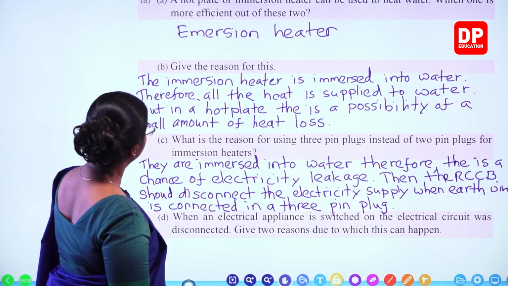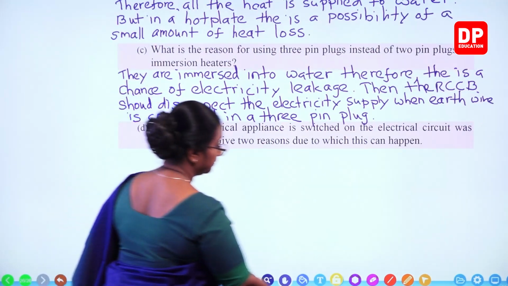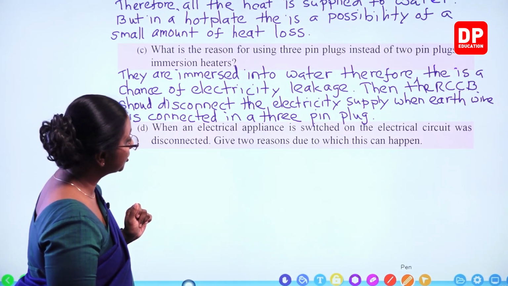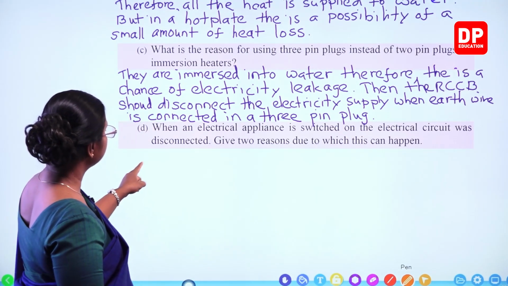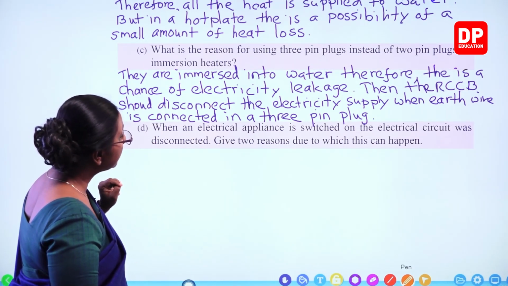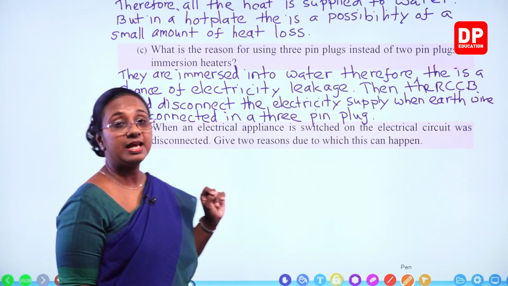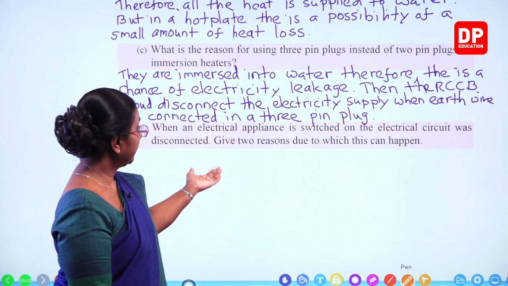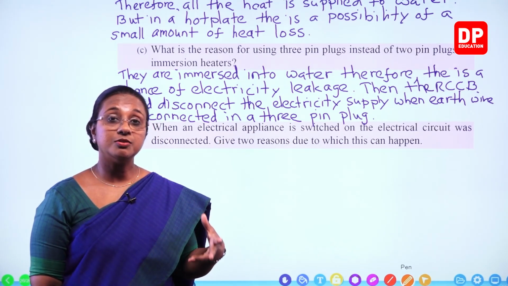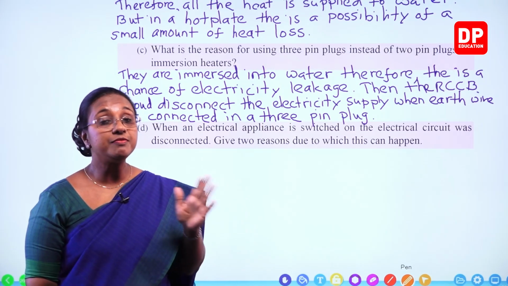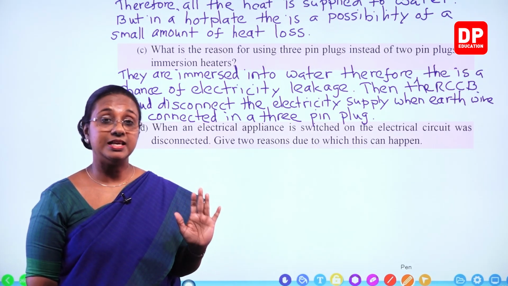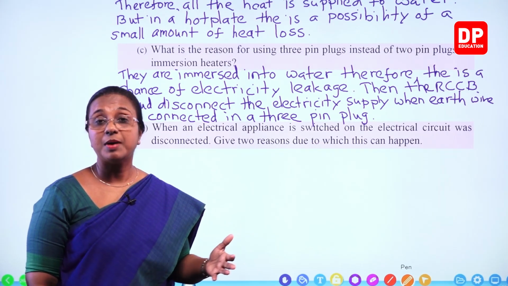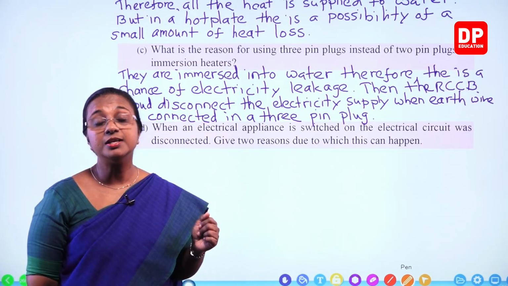Then the last question of the exercise. When an electrical appliance is switched on, the electrical circuit was disconnected. Give 2 reasons due to which this can happen. What are the 2 reasons? It can be either disconnected due to the RCCB if there was an electricity leakage, or it can be due to a higher amount of current flowing through the circuit.